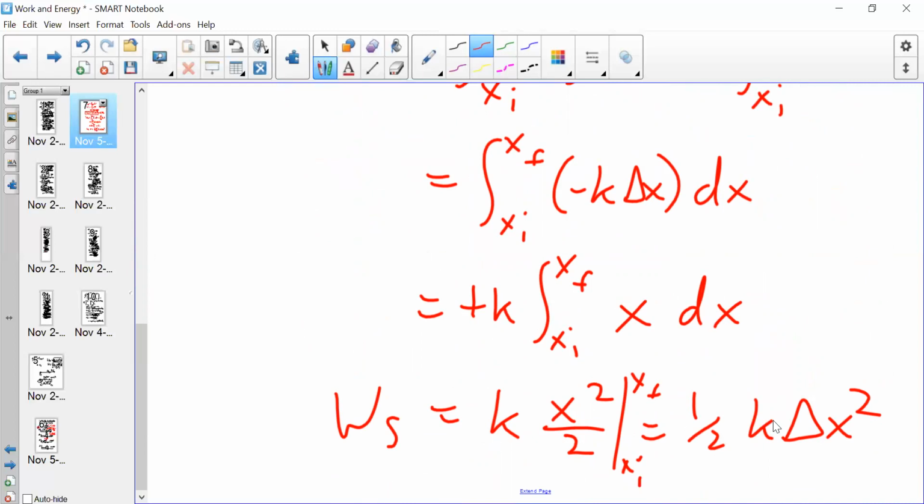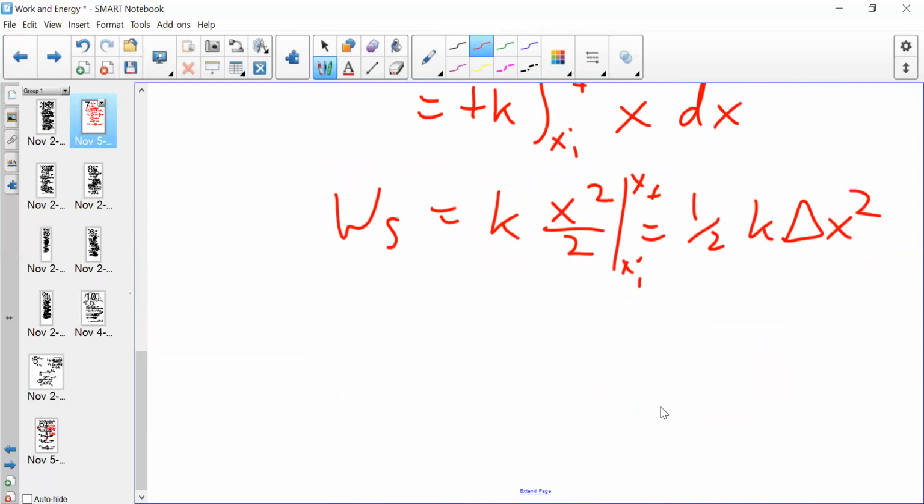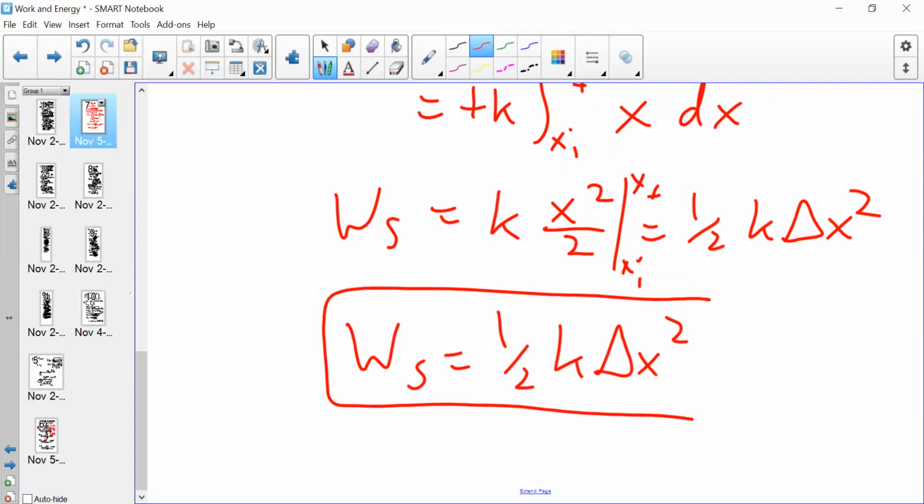It's not going to be a crucial thing for you to understand this part. But that's our formula, and that's where it came from. We integrated the spring force in order to get a final result. This is work done by spring.